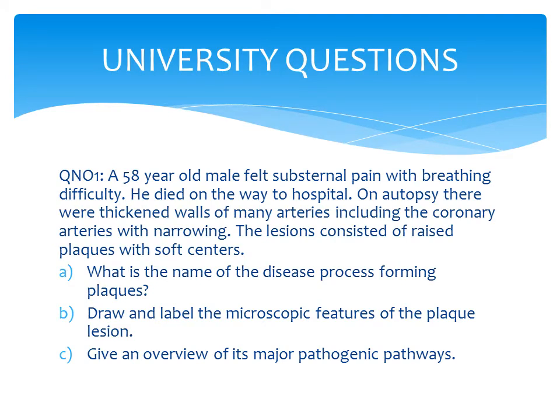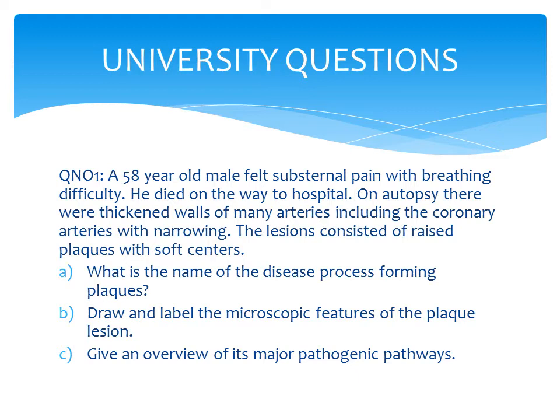So this is question number 1, and it came this year in the special pathology paper in February 2021. The question is, a 58-year-old male felt substernal pain with breathing difficulty, and he died on the way to the hospital.